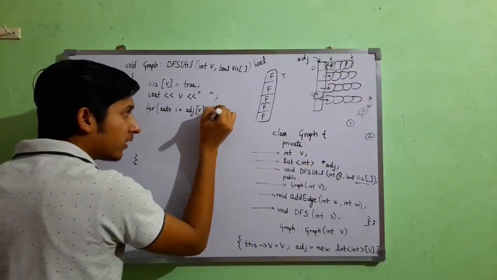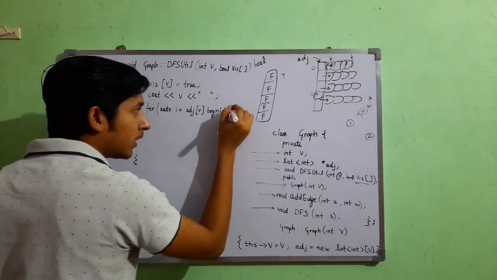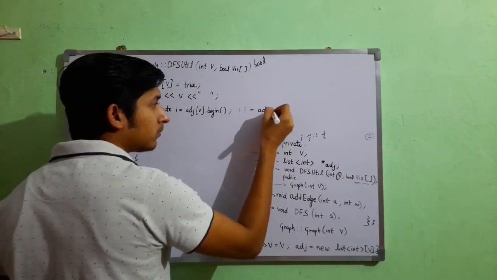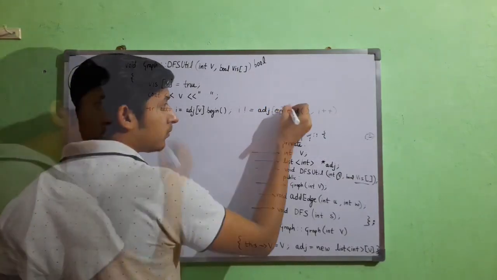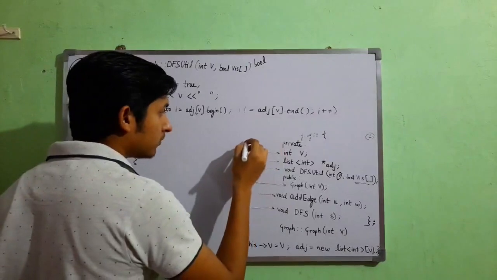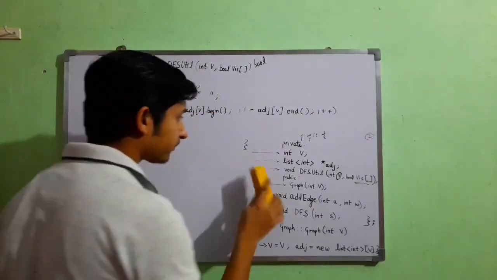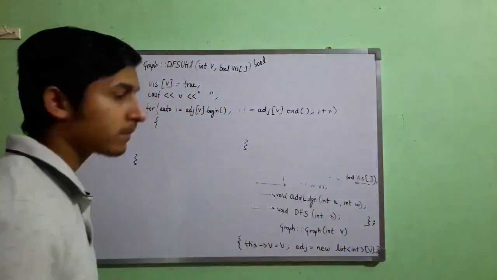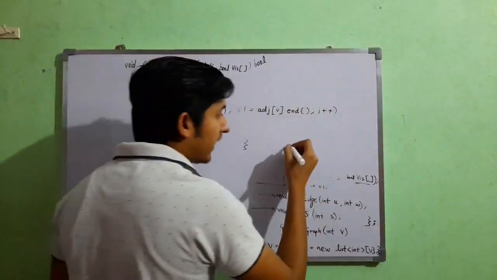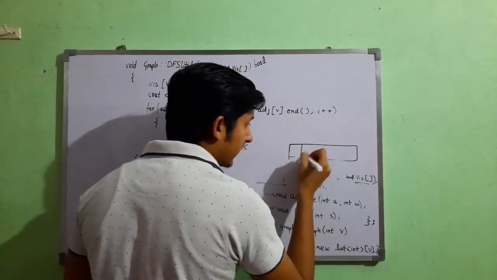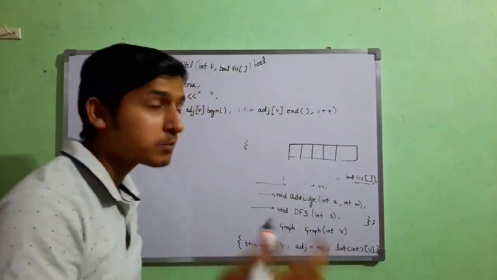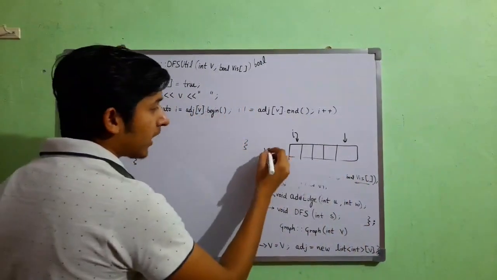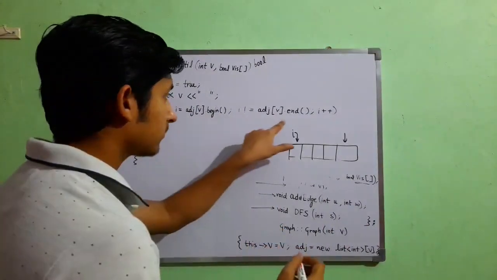So beginning of this to the end, where I just pushed back, so I start from here to here corresponding to every v.